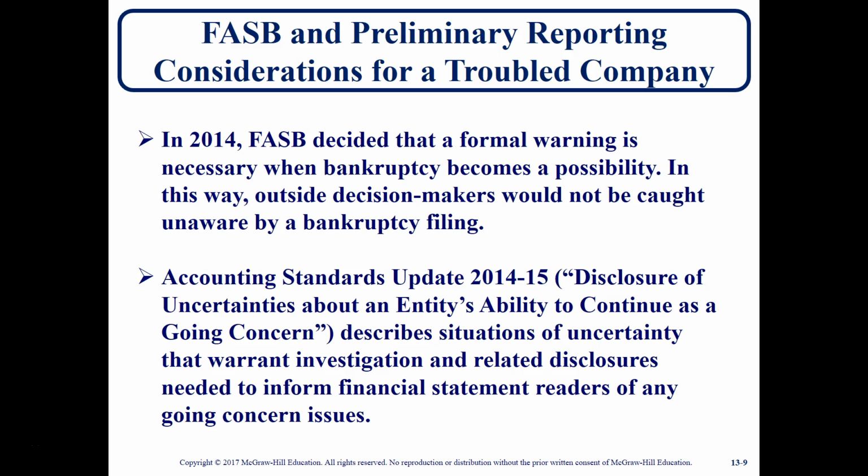So again, this is something that the auditors are also involved with because they need to opine on the viability, or the going concern, of their clients. So if all of a sudden we see that there's a going concern consideration, it's going to impact the auditor's report.